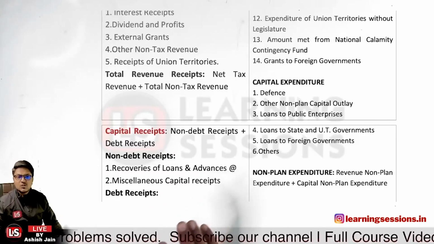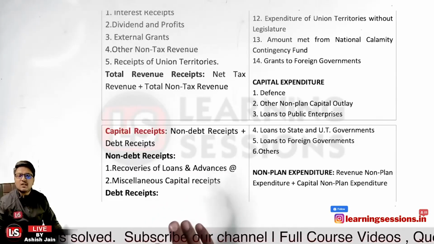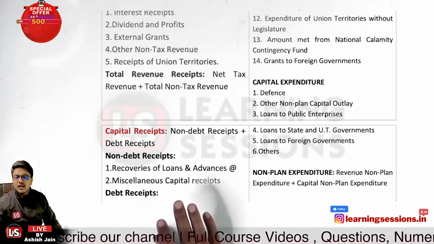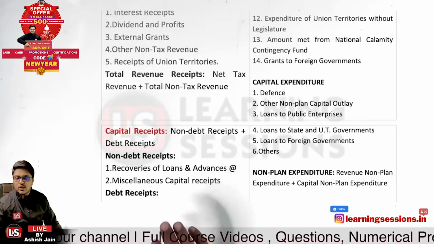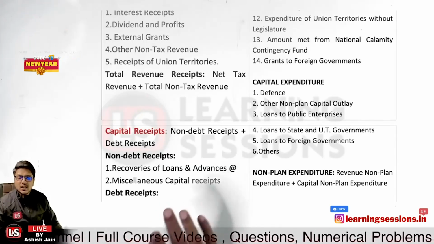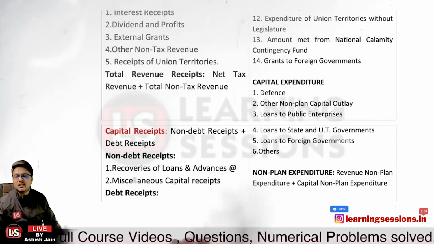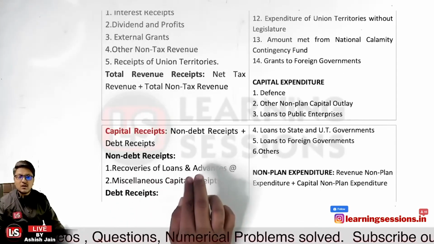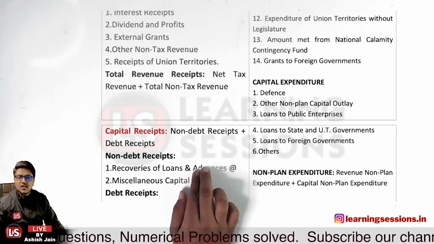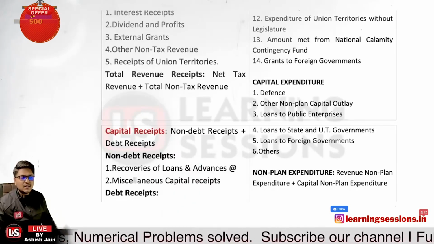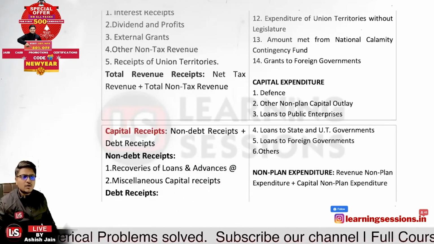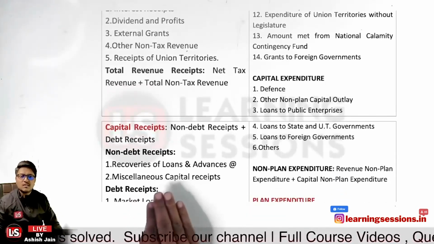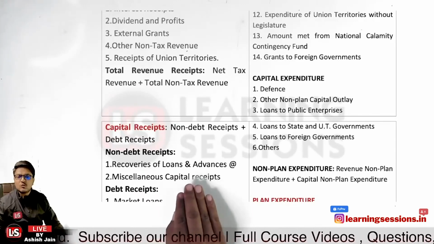So let us take the case that you have received the recoveries of loans and advances, but I already told you that in this particular case, recovery of the short-term borrowings will not be considered, because we have already considered it under the non-tax revenue under the revenue receipts. Is that clear? Further, if it is related to miscellaneous capital receipts, that will also be covered over there.